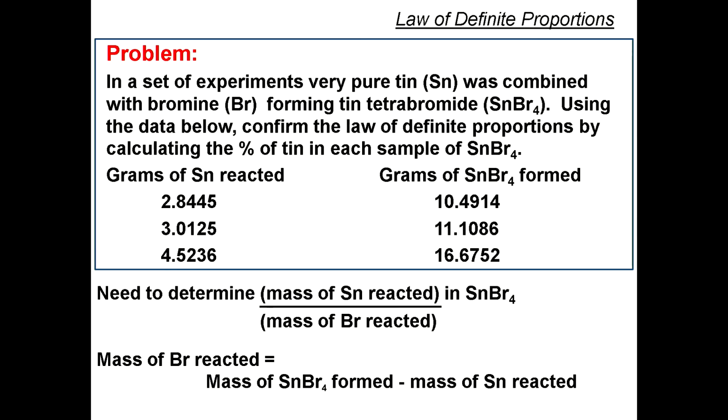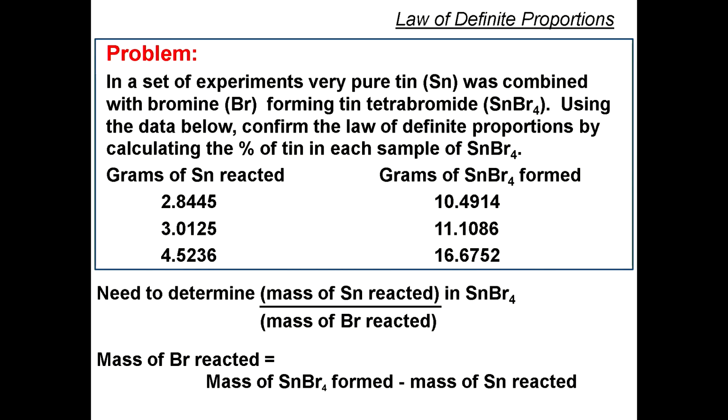Basically, we just need to determine the ratio of tin and bromine, right? We know the mass of tin. We know the mass of the product. From these two masses, we can get the mass of bromine, because this number minus this number should be the bromine.